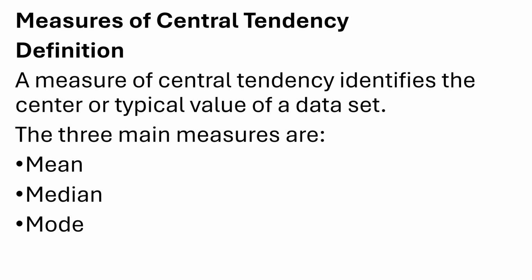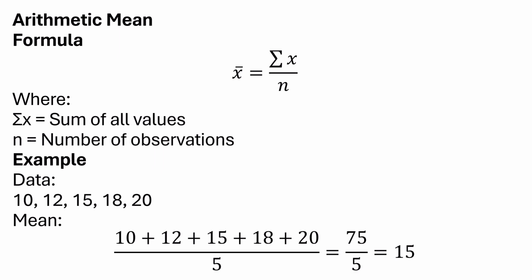Measures of central tendency provide a single value that represents an entire collection of data. The mean is commonly called the average and is the most frequently used measure of central tendency.